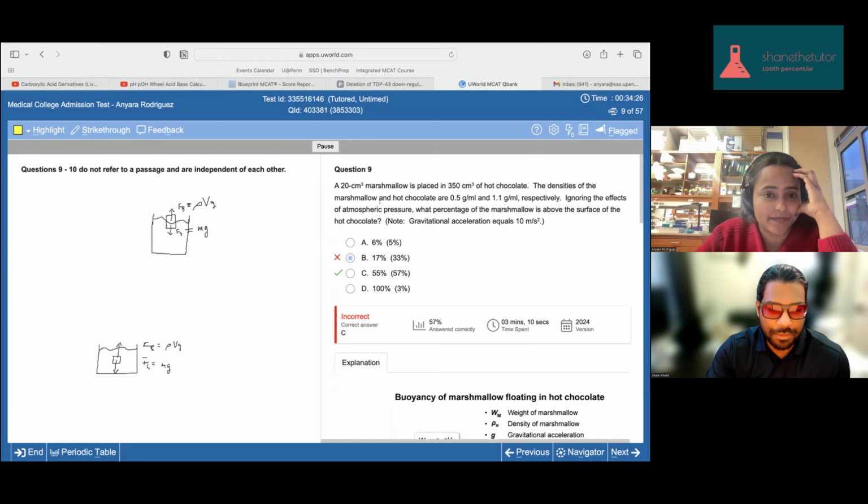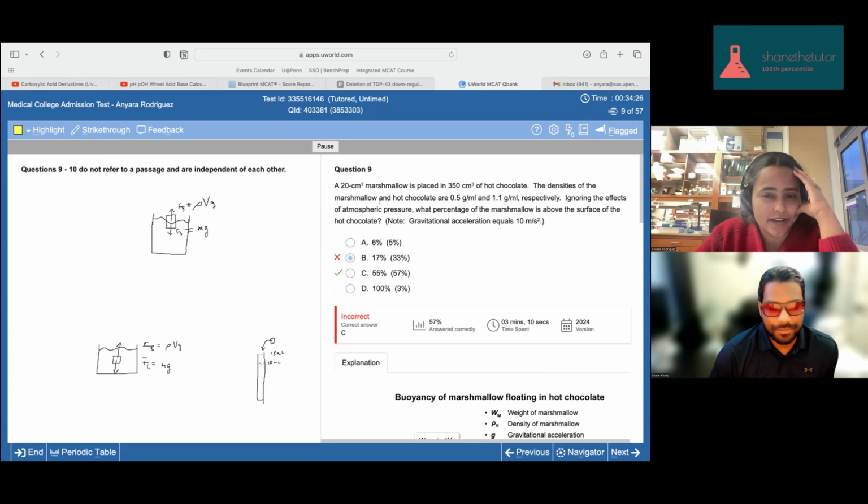I remember in eighth grade, we had a graduated cylinder at 10 milliliters. You throw in a rock and the new level is 13 milliliters. You know that the volume of the rock is 3 milliliters, right?